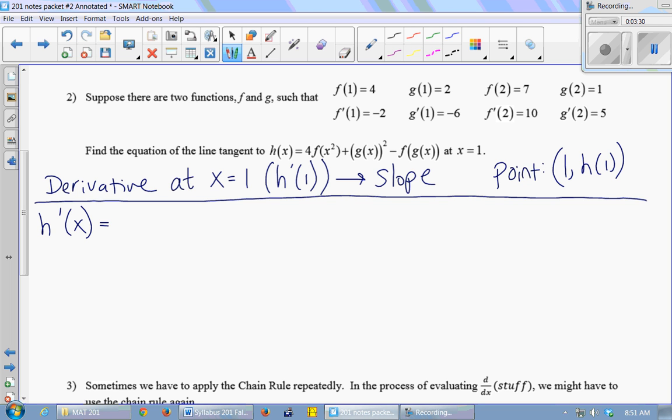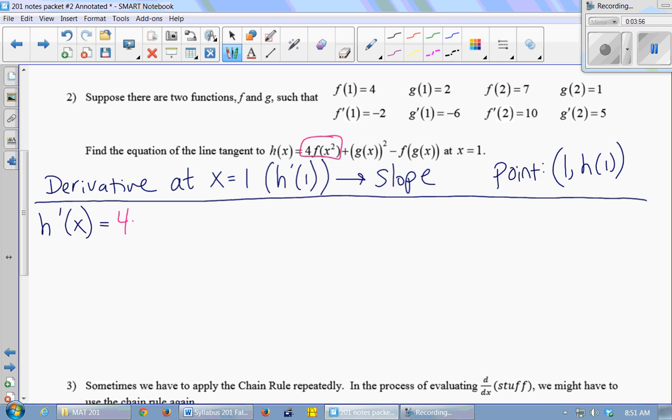So let's just start by working on this 4 times f of x squared. So 4 is a coefficient, so it can just come along, right? 4 times, and then I start taking the derivative of f of x squared. So that's a composition. What's my outside function for f of x squared?